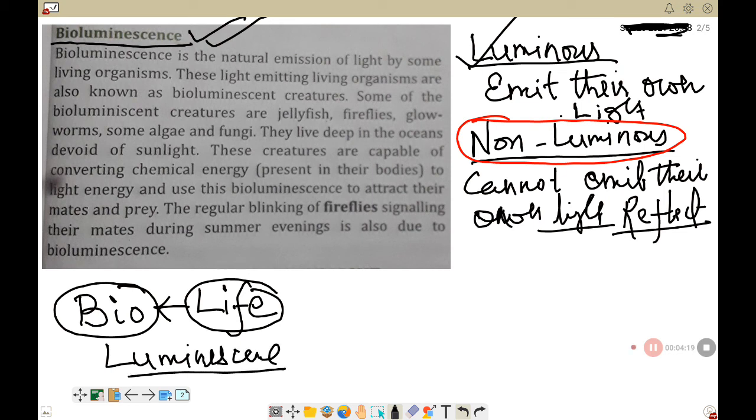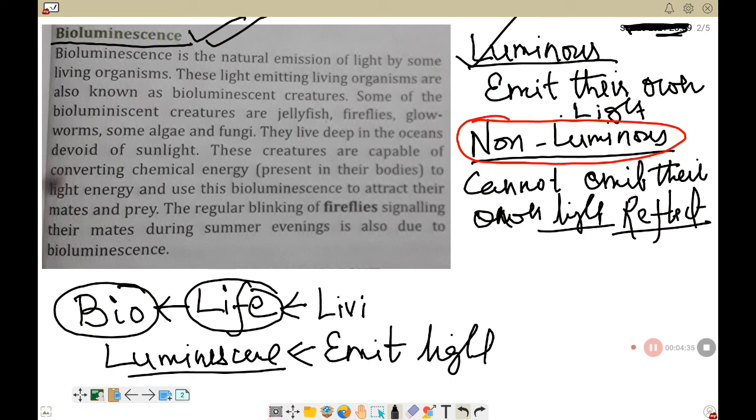Luminescence means which is capable or which has the ability to emit light. Okay, emit light. So here you see bio means life and life means living organisms. So those living organisms which can emit light by themselves are called bioluminescence.